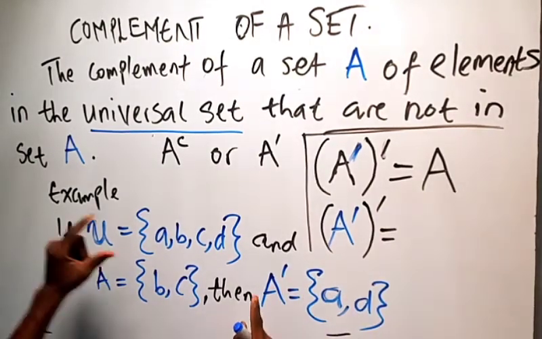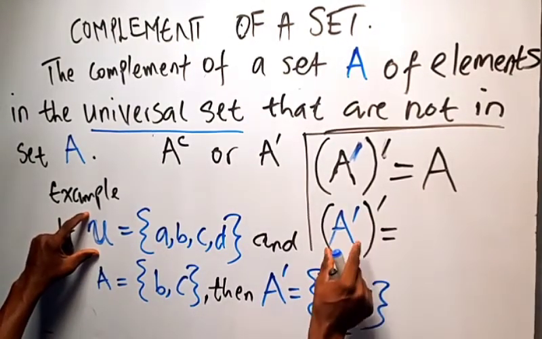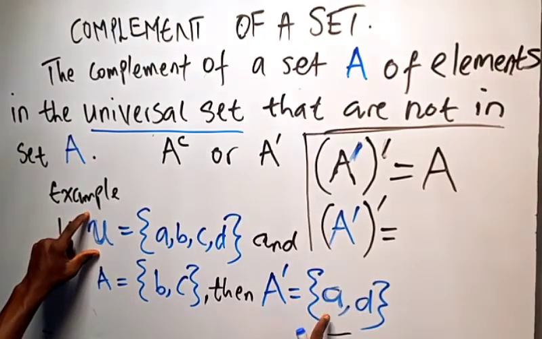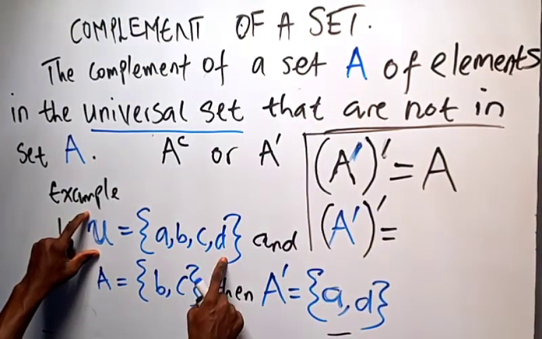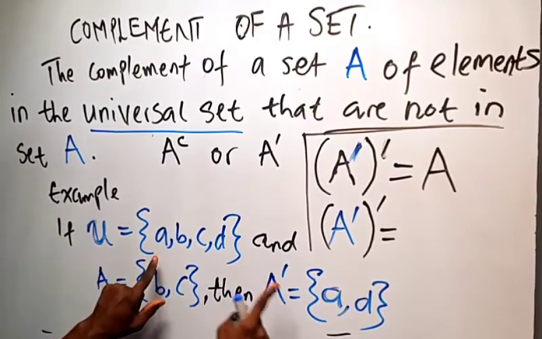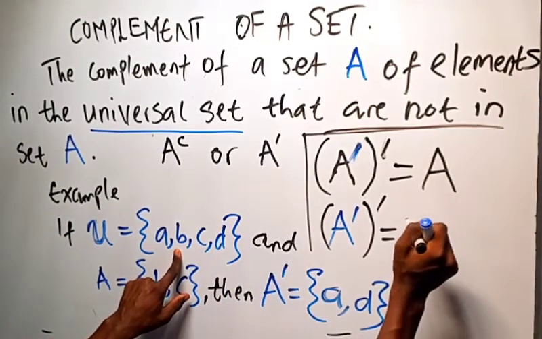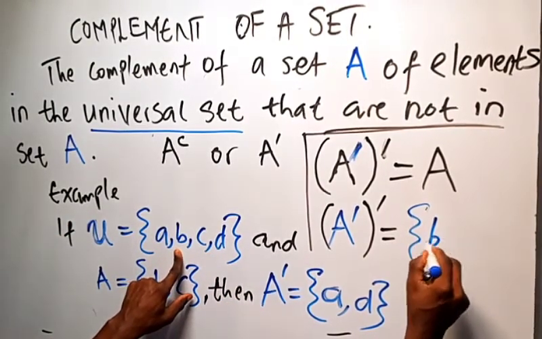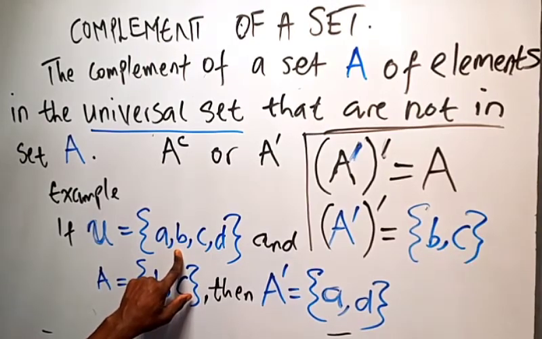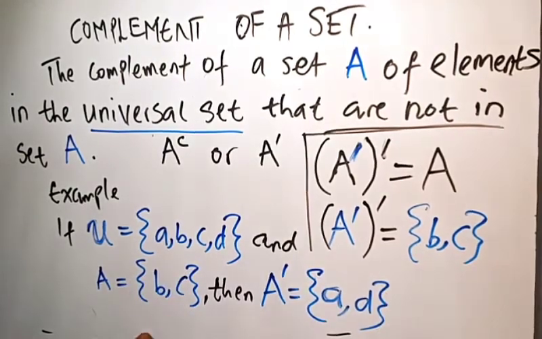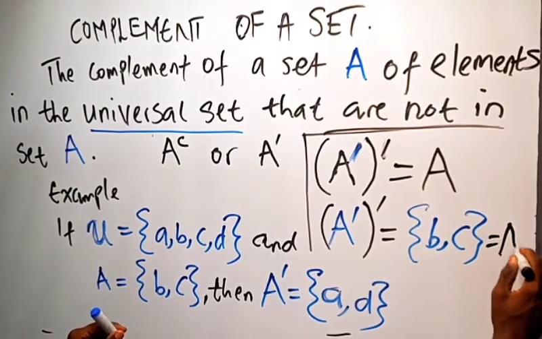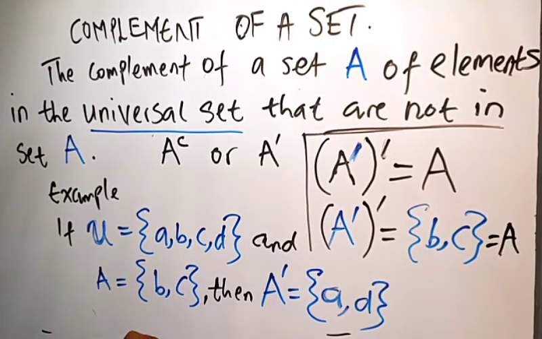You talk about A complement to be {A, D}, so elements that belong to the universal set but not {A, D} are {B, C}. And {B, C} is the same thing as A. So that is why you say that the complement of the complement of a set is equal to the set itself. So that is very, very nice.